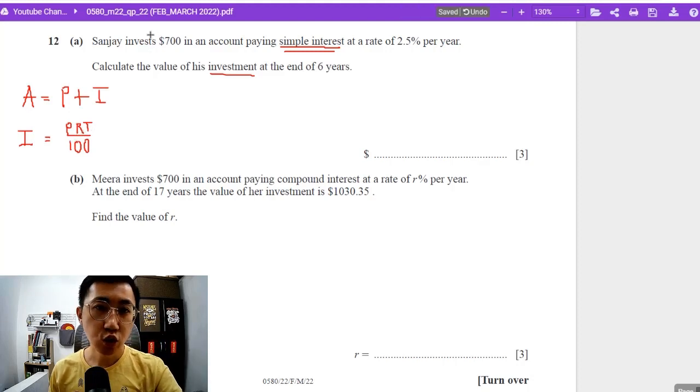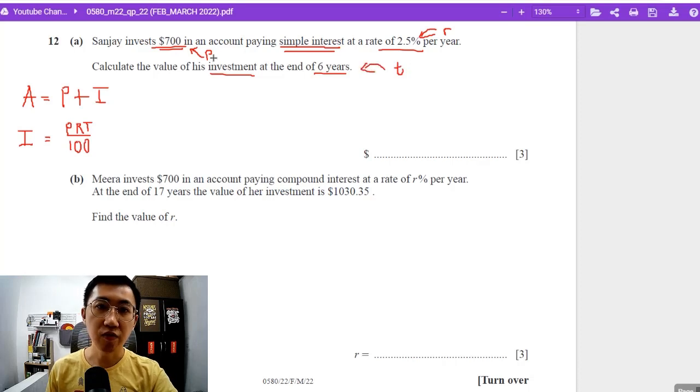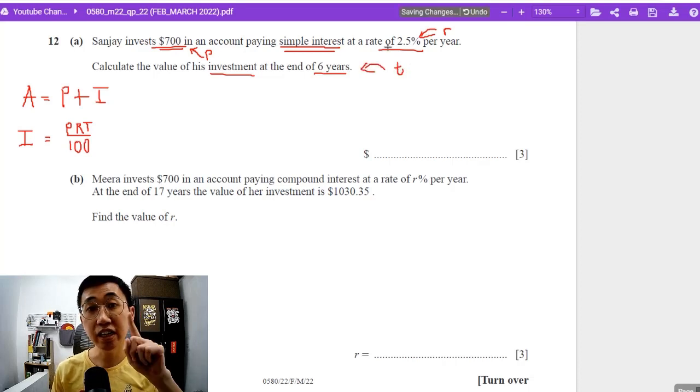Okay, so invest $700, so this is actually your P. Okay, at a rate, this is actually your R value. T is your time, so this is T. Alright, I have P, I have R, I have T, I can calculate I. Check out this formula. PRT over 100. Let's do that.